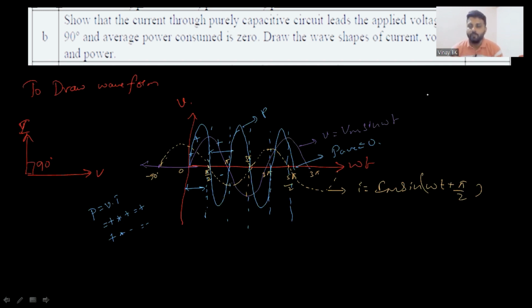For the first point, we'll have 2 marks. For the phasor diagram, 1 mark. So 2 plus 1, 3. Then the second one, power consumed, will have 3 marks. 8 marks they asked.